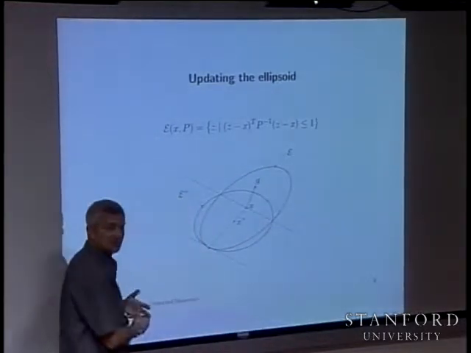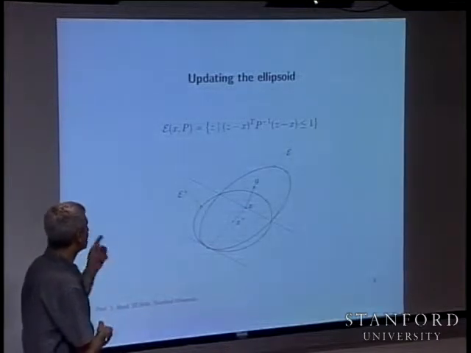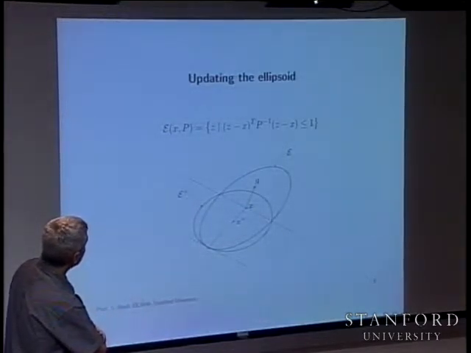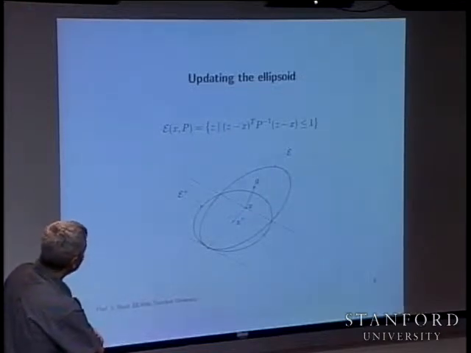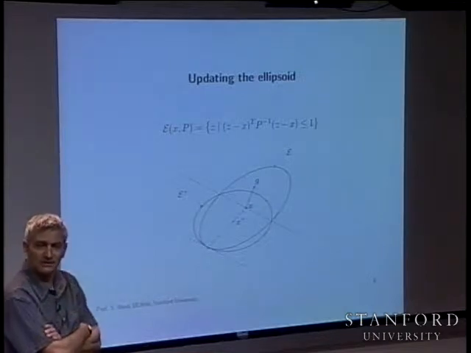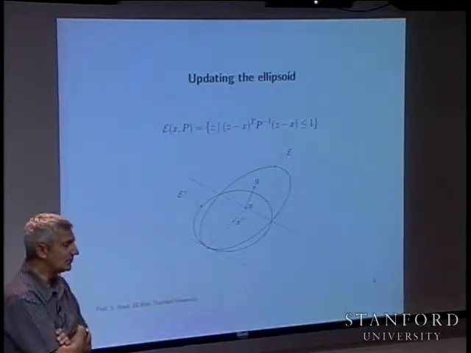There's a formula for that. It's not too bad. But let's look at this one where you update the ellipsoid this way. Actually, this is going to be on your homework anyway, but I'll just say a little bit about why it's not that big a deal.